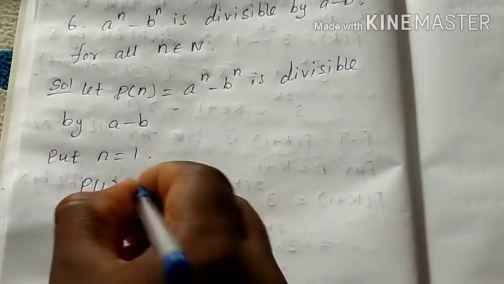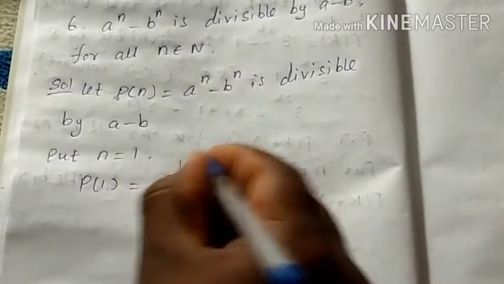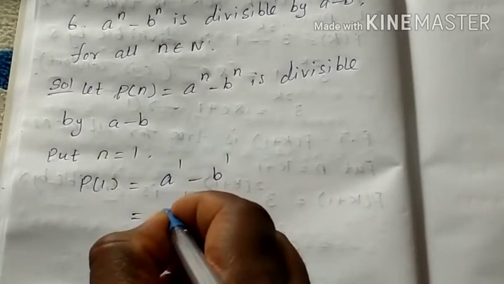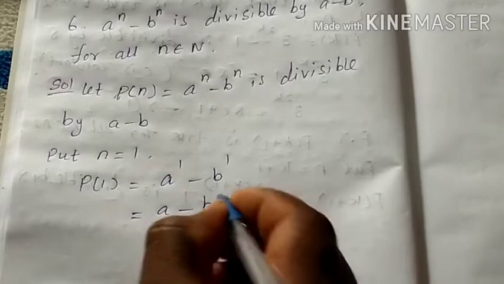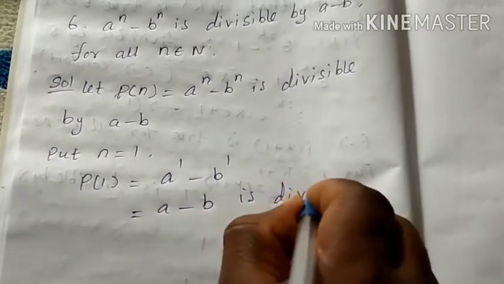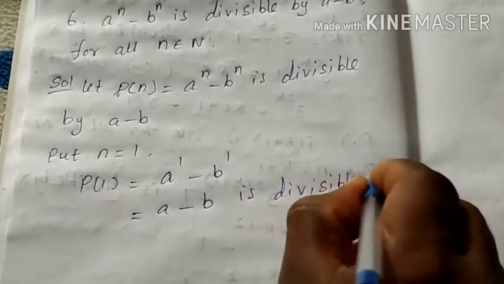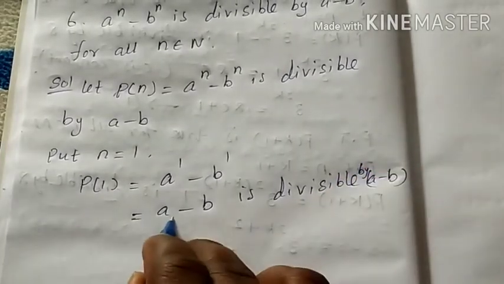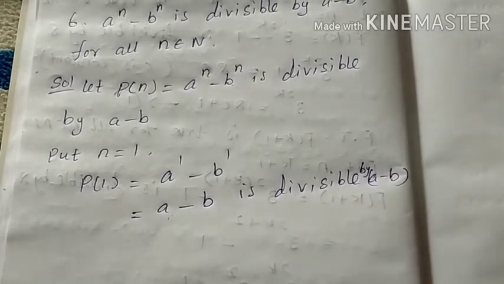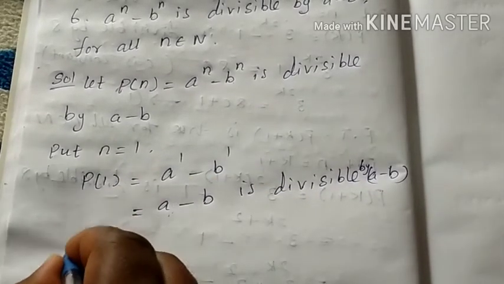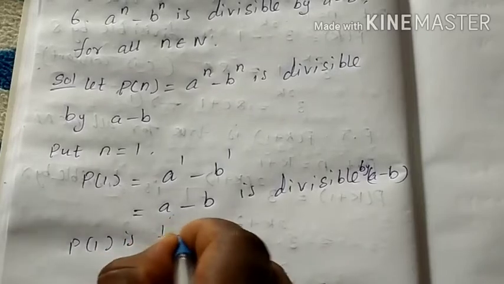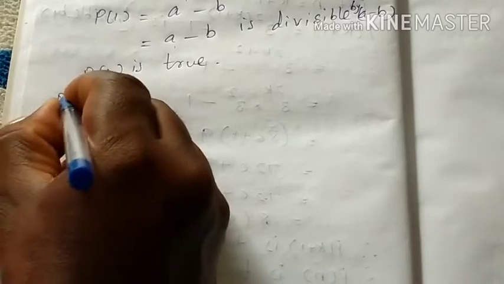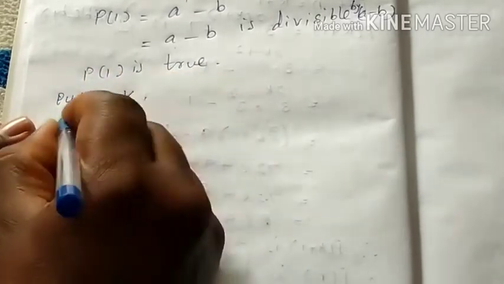So P of 1 equal to a power 1 minus b power 1, which is equal to a minus b, divisible by a minus b. Is it or not? a minus b is divisible by a minus b. So P of 1 is true.